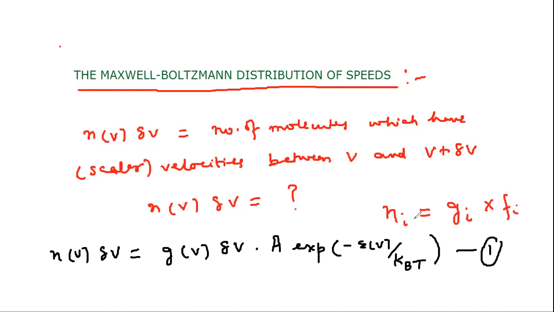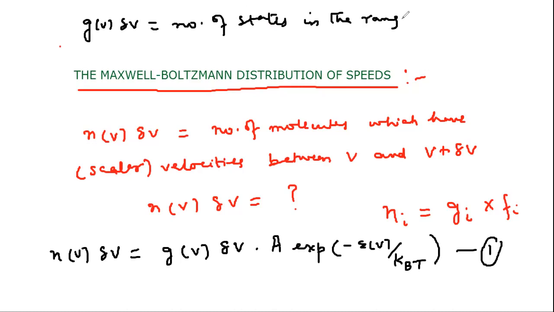What is G of v delta v? G of v delta v is the number of states existing between v and v plus delta v, that is, in the range delta v, right?